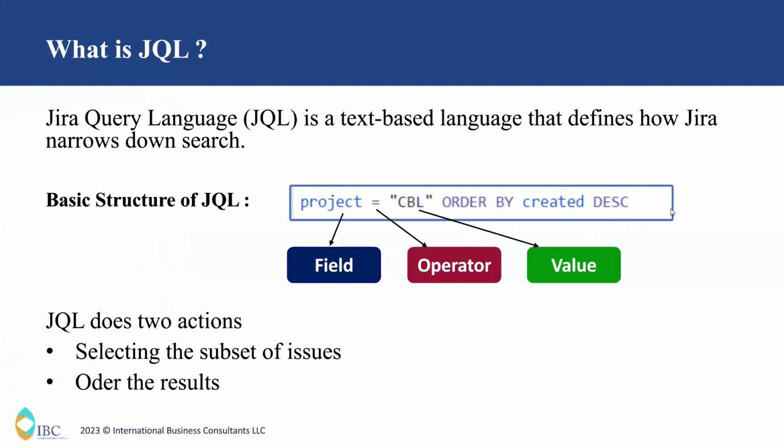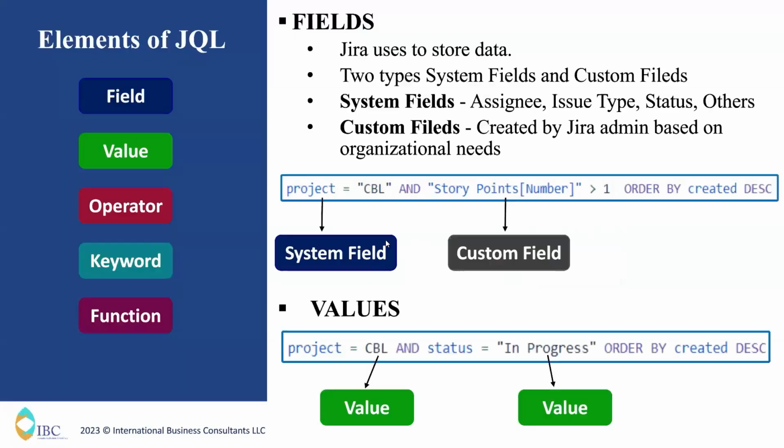In this example, created is also a field. Let me give a brief explanation of the different types of elements of JQL. There are five major elements: field, value, operator, keyword, and function.